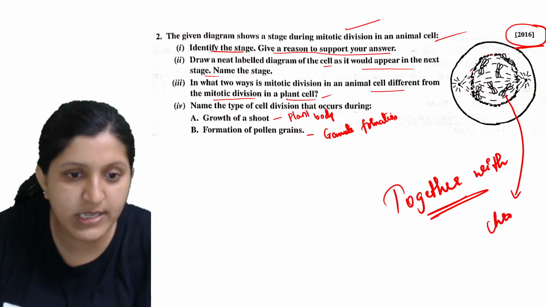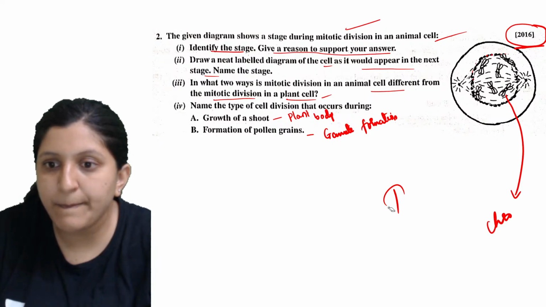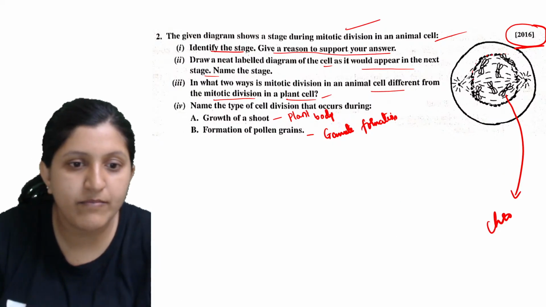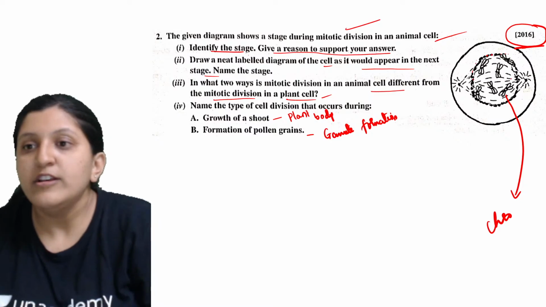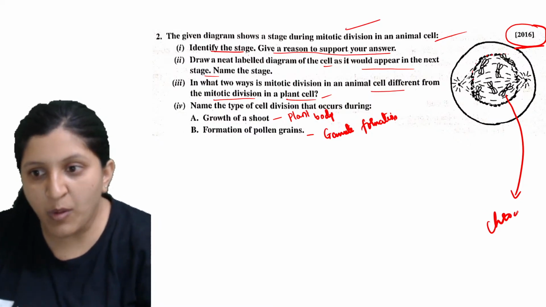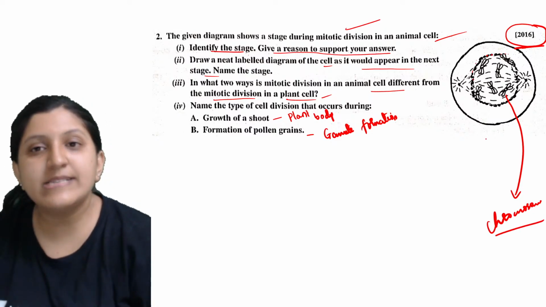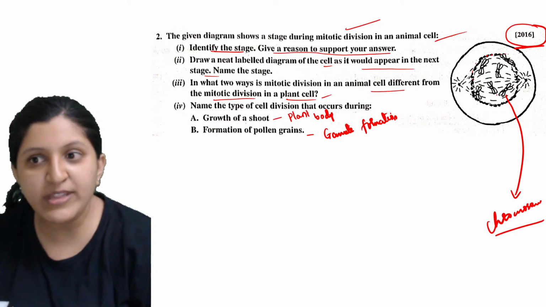Let me just erase this part, just a second. Now you can see chromosomes are being formed here. Basically the chromatin fiber is condensing and chromosome formation you can see here.